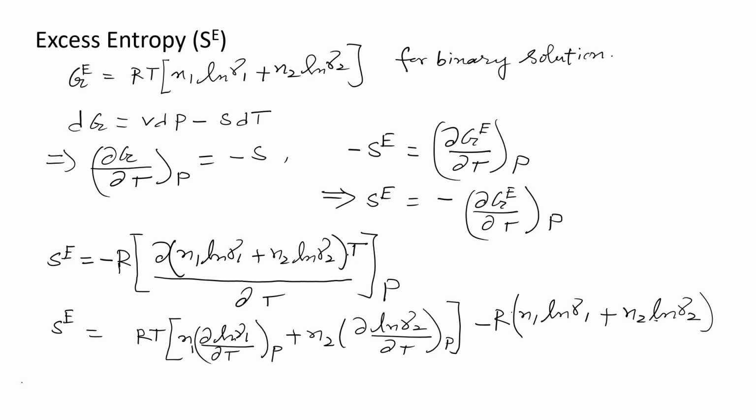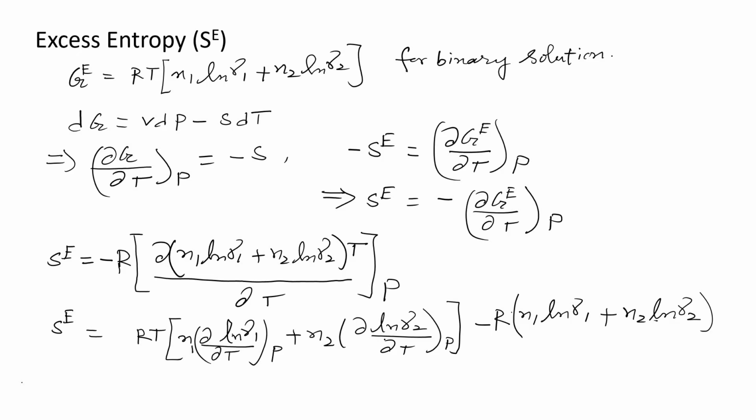This differentiation has two terms. So the first function is kept as it is, and we differentiate the second. The second is N1 del of ln gamma 1 by del T at constant pressure plus N2, because N1 and N2 are constant, del of ln gamma 2 by del T at constant pressure.